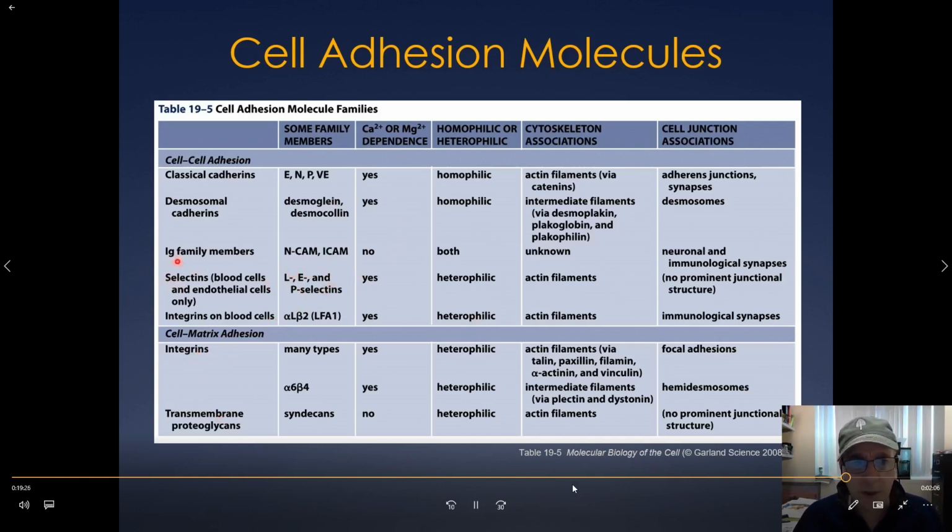Some of the IG family members, you don't have to know exactly what's what, but just how they all connect. And then how the cell attaches to the extracellular matrix through the integrins and things like that. Okay?